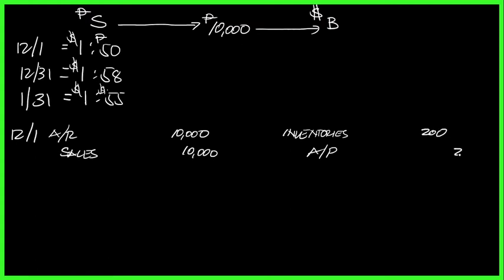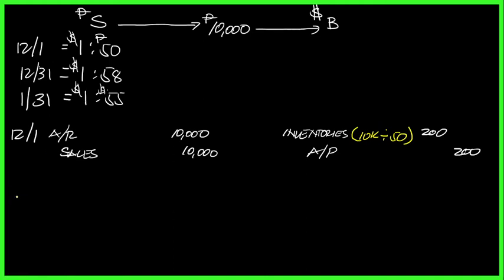How did we arrive at $200? That is computed by dividing 10,000 by 50 pesos per dollar. So these are the transactions as of December 1.